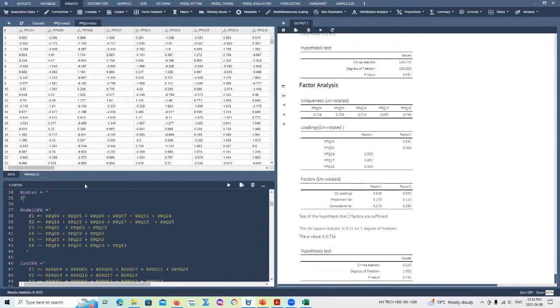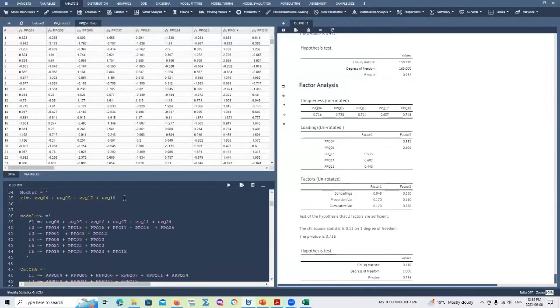Let's just say F1 is manifested by these variables, P4, P5, P16, P17, and P18.